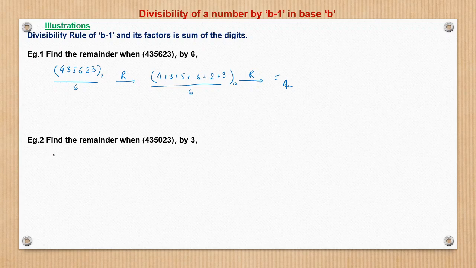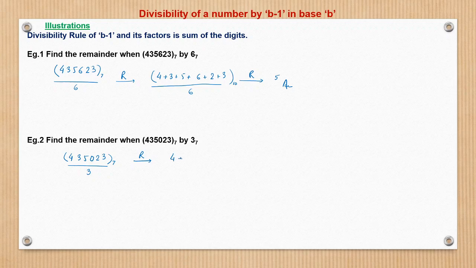Now let us see example 2. Here we have to find the remainder when 4 3 5 0 2 3 is divided by 3, right? And base is 7. So if this number is divided by 6, the divisibility rule would be nothing but the sum of the digits. But here the divisor is 3, and 3 is a factor of 6, so we just apply the same rule.